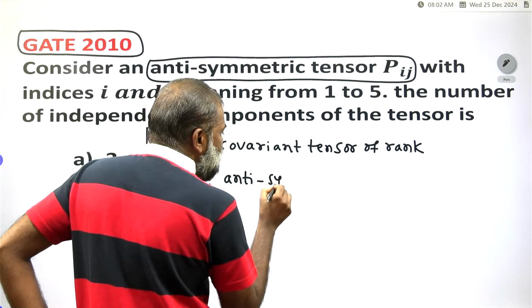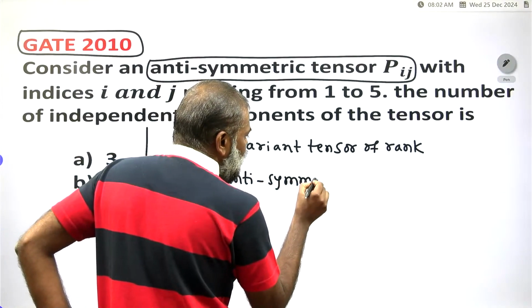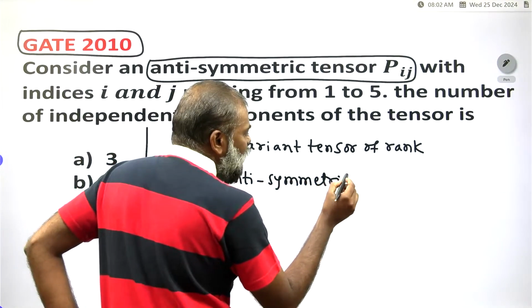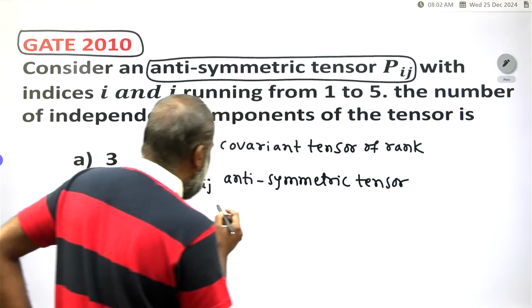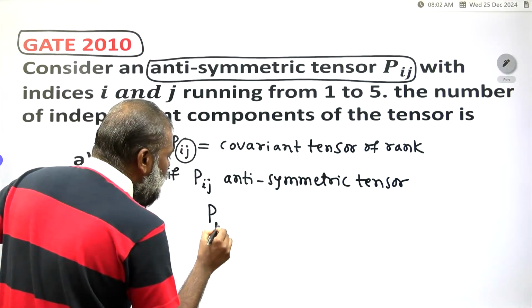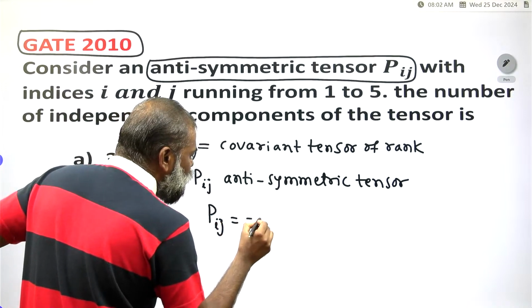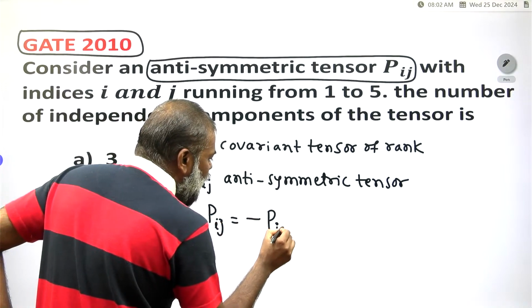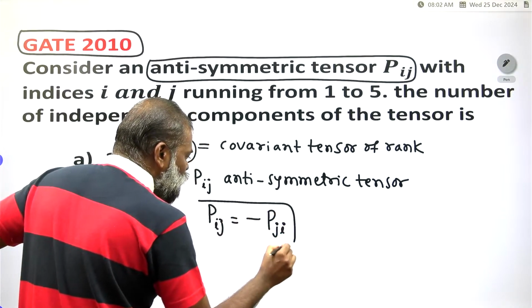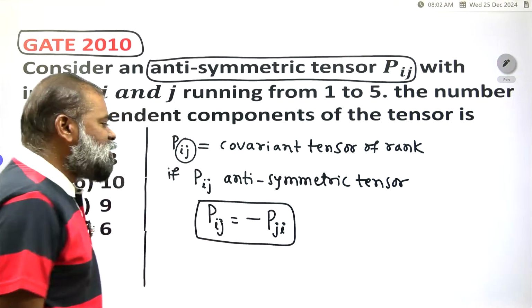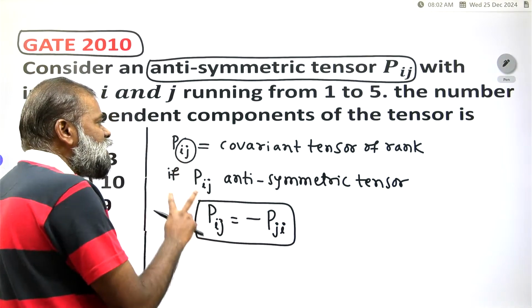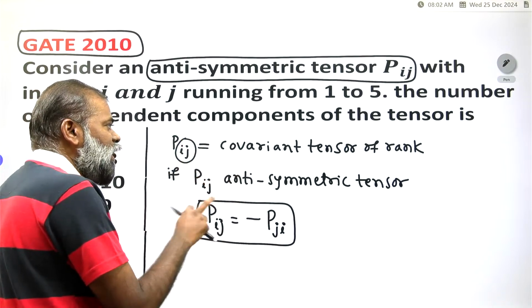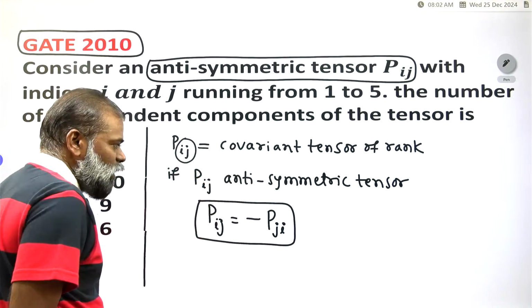If Pij is anti-symmetric, how do we write it? What is the definition of the anti-symmetric tensor? Pij is equal to minus Pji. This is the definition of the anti-symmetric tensor of covariant rank 2.